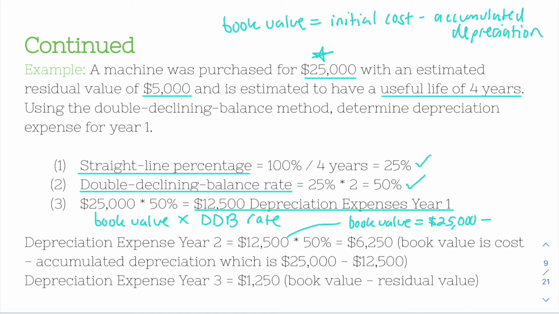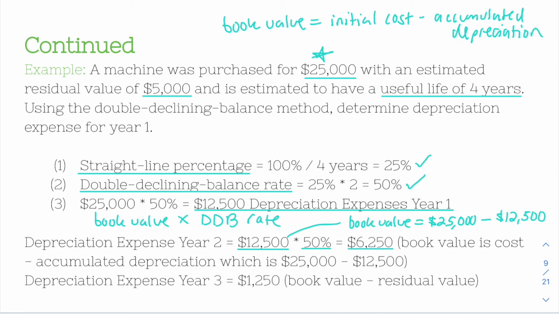So in year 1, our depreciation expense was $12,500, so we have $12,500 in accumulated depreciation, which makes our book value $12,500. So in year 2, our depreciation expense is the book value of $12,500 times the double declining balance rate of 50% equals $6,250 for depreciation expense in year 2.